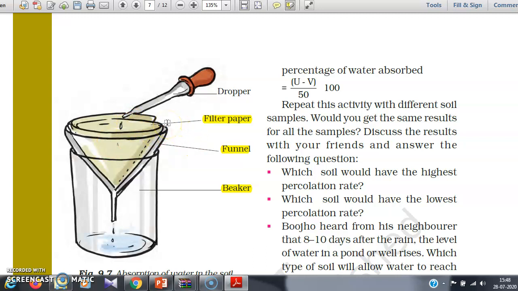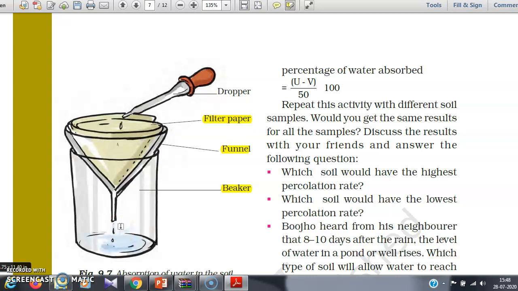Now, drop by drop, we are pouring that water all over the soil inside the filter paper. We will wait until it starts. Drop by drop water is falling down through the filter paper.